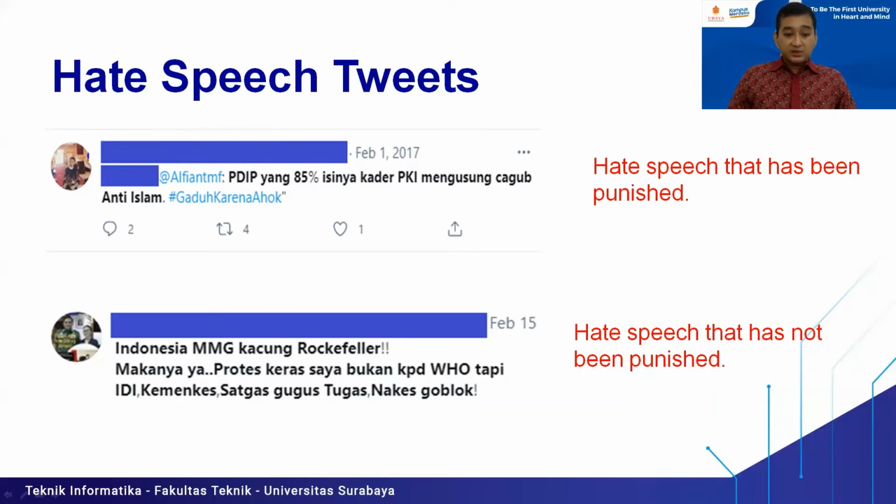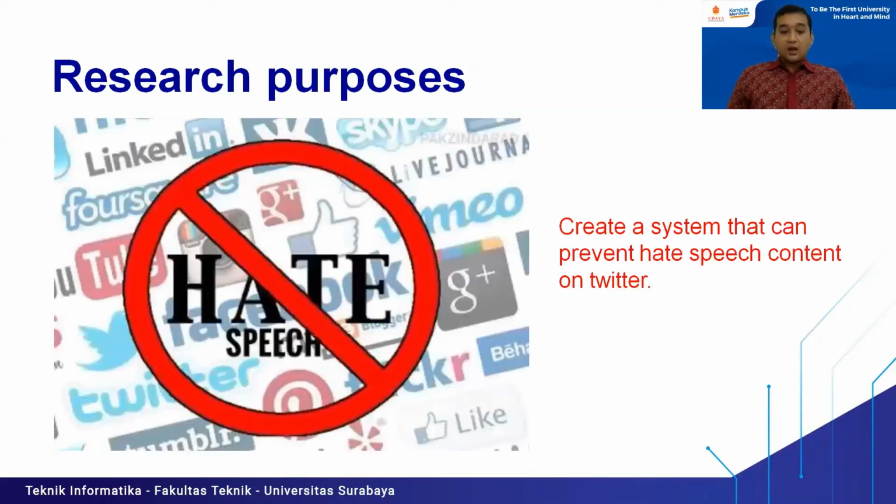Both of these tweets are classified as hate speech. So the purpose of this research is to create a system that can prevent hate speech content on Twitter using KNN method. In general, the system will classify incoming tweets into certain labels and provide information to the user before the tweet is posted.